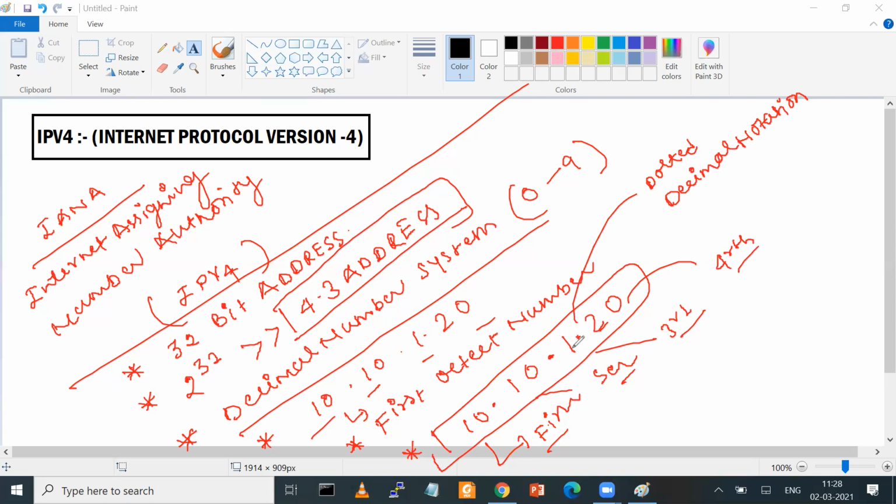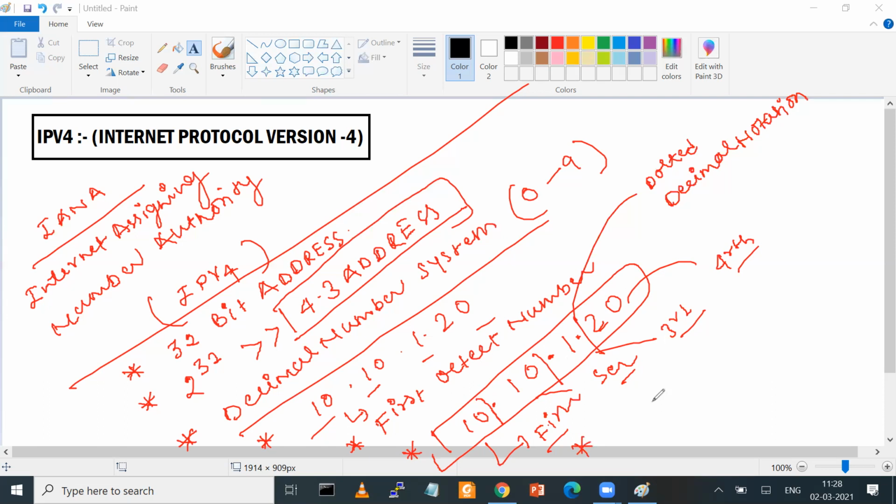If I mention 10 dot, it means I'm trying to segregate one octet from the other. एक ऑक्टेट को दूसरे से अलग करने के लिए मैं यहां पर डॉट लगा रहा हूं. तो डॉट के पहले ये आपका पहला ऑक्टेट हो गया, ये आपका दूसरा, ये तीसरा और ये चौथा. तो एक एड्रेस में 4 ऑक्टेट होंगे.